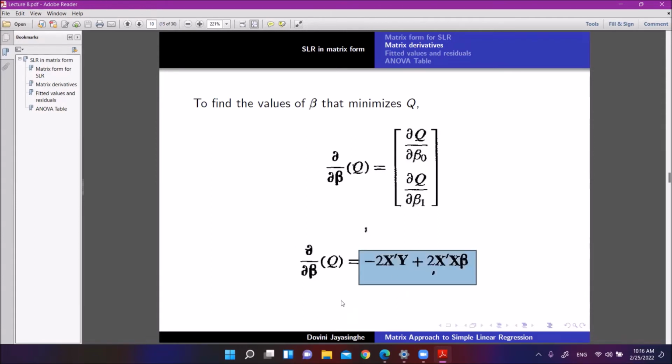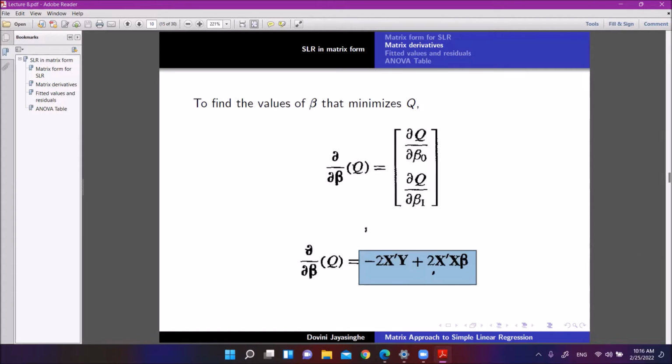So if we have to minimize this, we have to equate this to 0. Actually, the 0 vector, not just 0. These are all vectors, right? When we equate it to 0, what will happen to this 2? It will cancel out, because if we divide by 2, half times the 0 vector is again the 0 vector.